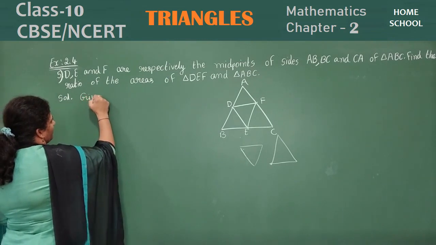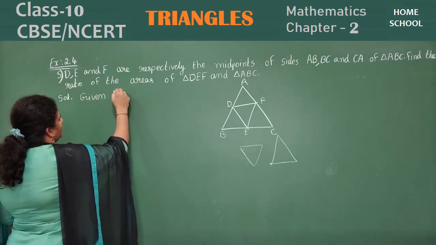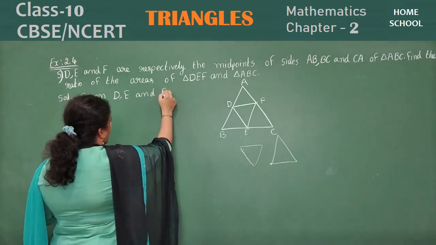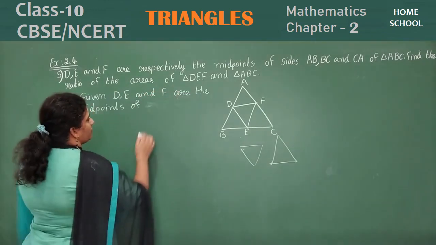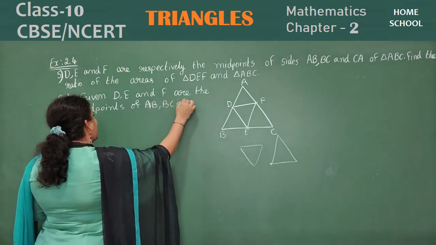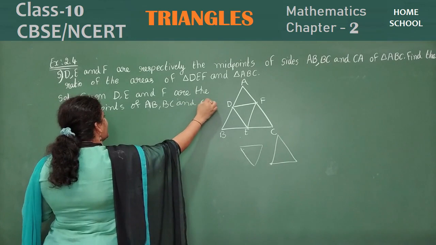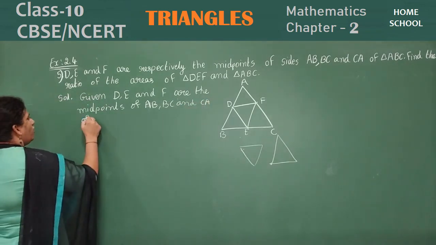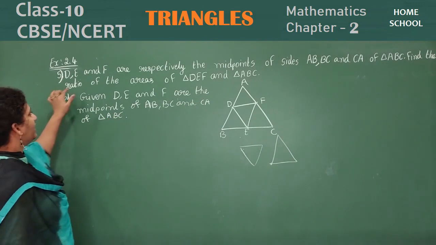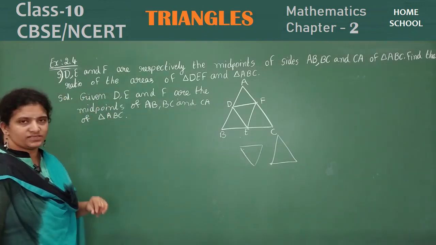Given: D, E and F are the midpoints of AB, BC and CA of triangle ABC. Find the ratio of the areas.